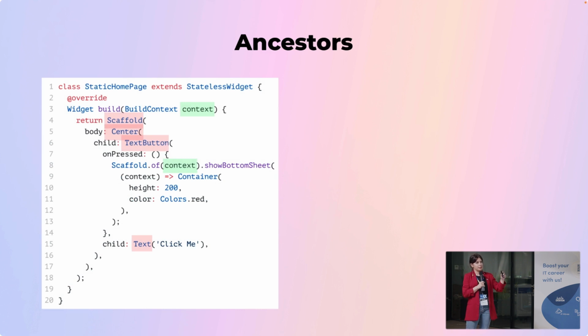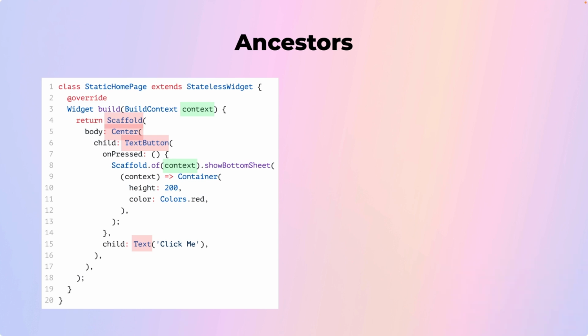But in our case, even though it visually seems like scaffold is on top of our widget, so it should find scaffold as an ancestor, in fact, we use the context passed to this page, meaning that the scaffold and everything inside this build method will be underneath. So there's no scaffold on top of this widget.